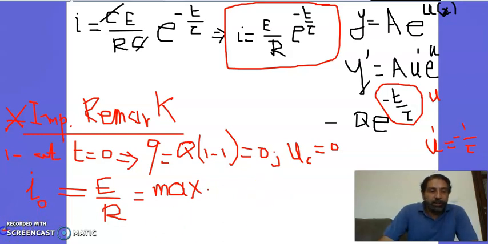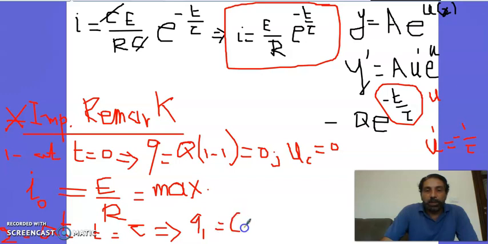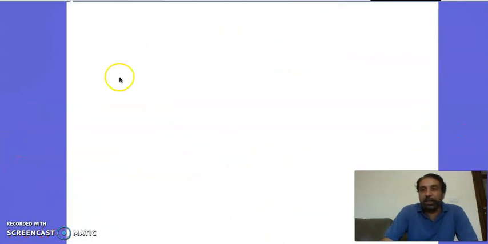So let's do at t equal now tau, the time constant. At t equal tau, 1 tau, replace, you get, let me call it Q1 equal Q, replace in the function of course, 1 minus e power minus t over tau, means tau over tau is 1. So power minus 1, okay? If you do this calculation, what do you get?